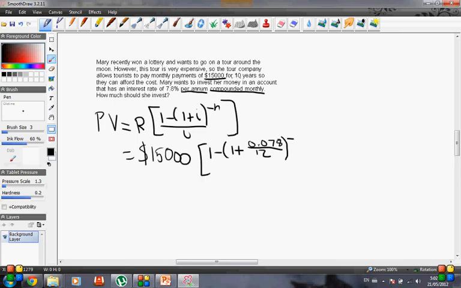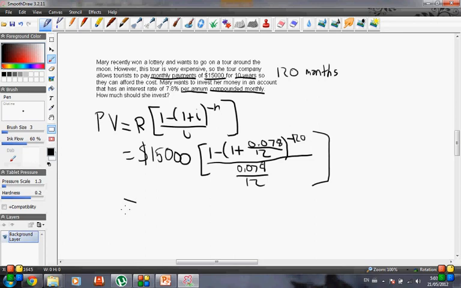Well, we know that she's doing it for a period of 10 years, and it's also per month, to pay monthly payments of $15,000 for 10 years. So 12 months in 1 year for 10 years would be equal to 120 months in 10 years. So the value we're looking for here is 1 plus 0.078 over 12, to the power of negative 120, divided by the interest rate, which is again 0.078 over 12.